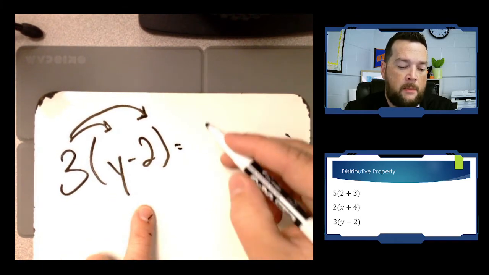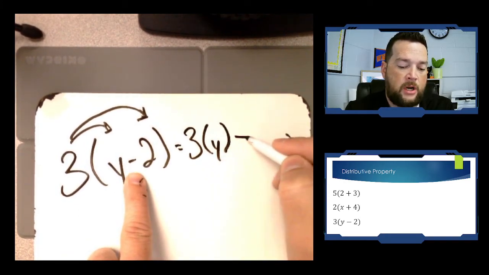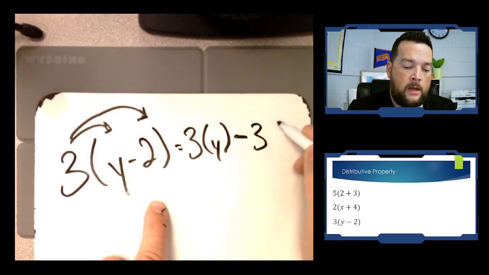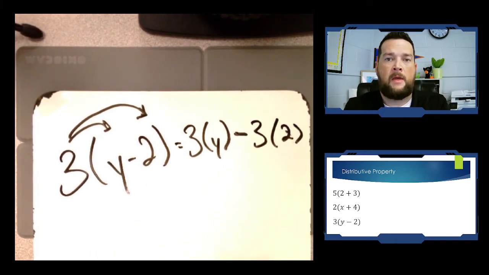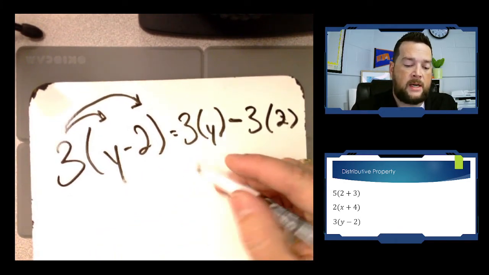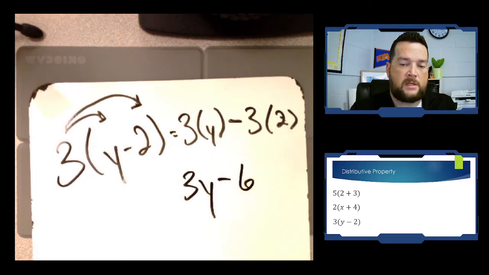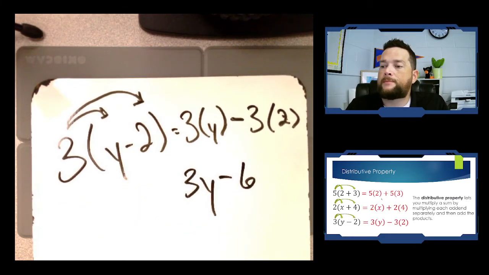So 3 times y minus 2 is the same thing as 3 times y. Now we have a subtraction here, so I'm going to keep my subtraction, all right? And then I'm going to do the 3 times the 2 right there. And I'm just writing in the expanded form, and then I can simplify from here. 3 times y is 3y. Keep our subtraction, and 3 times 2 is 6, just like that. So this simplifies to that using the distributive property, okay?